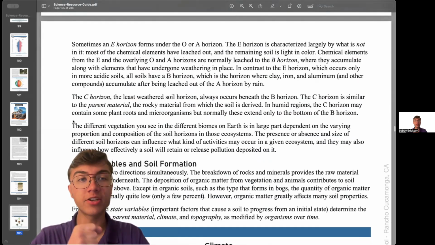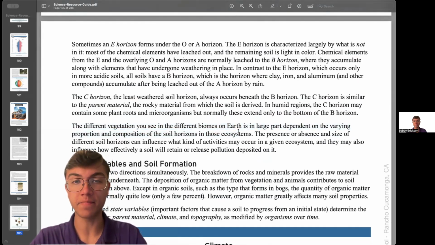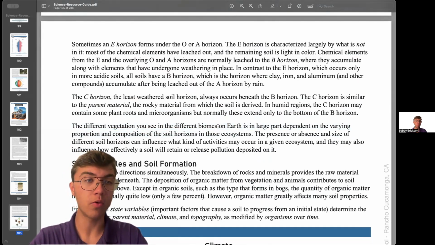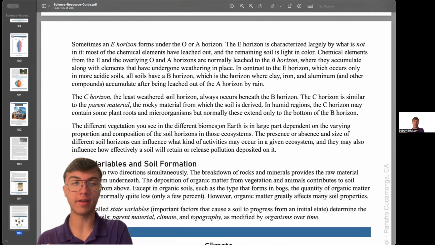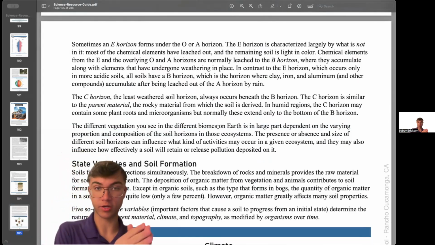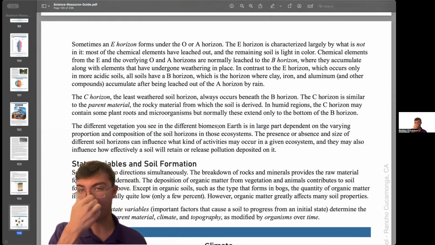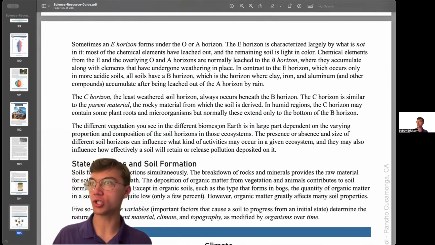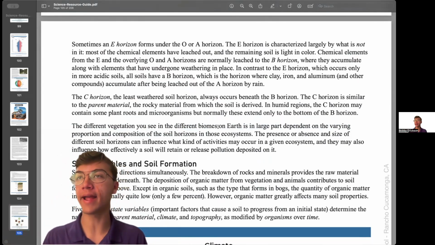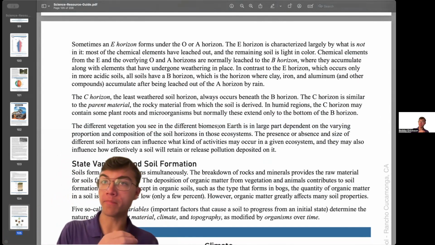Then we have different vegetation that we actually see in different biomes of the earth, which are largely dependent on the composition of the soils. So if you think about it, humidity and the overall temperature are what define what a biome is, right?